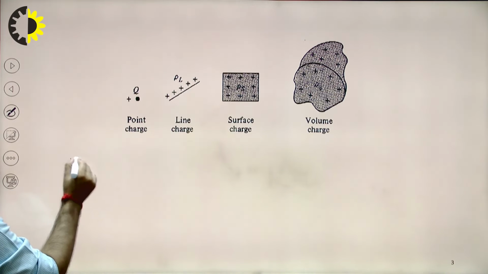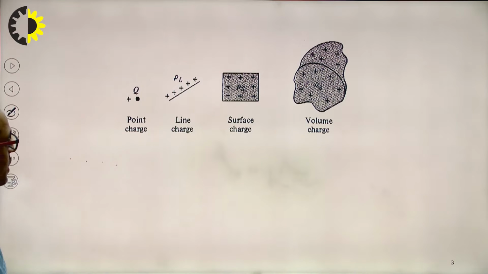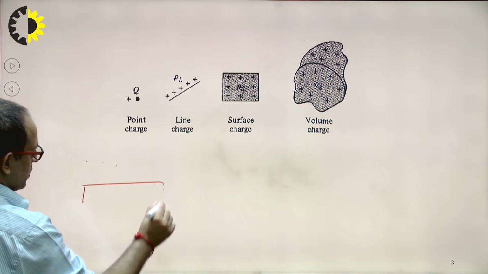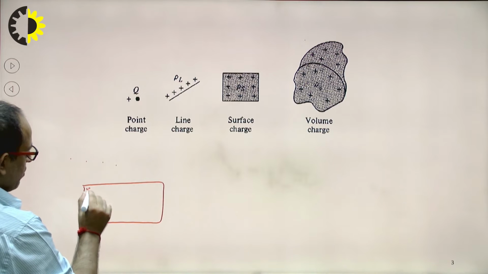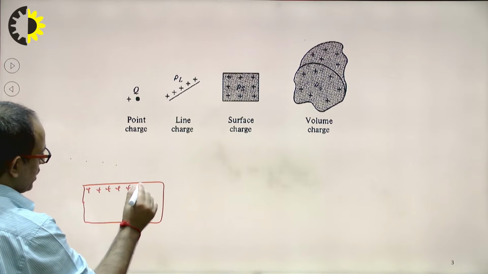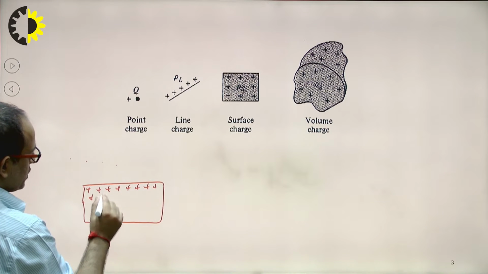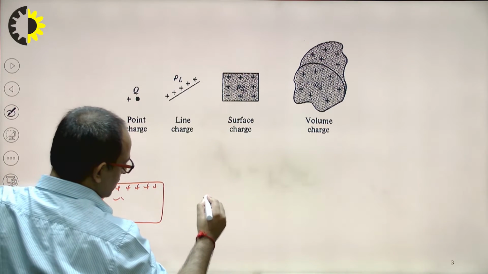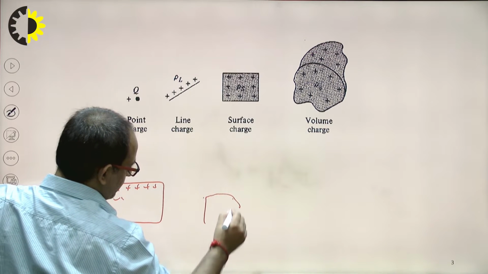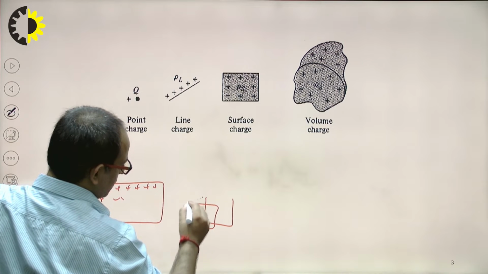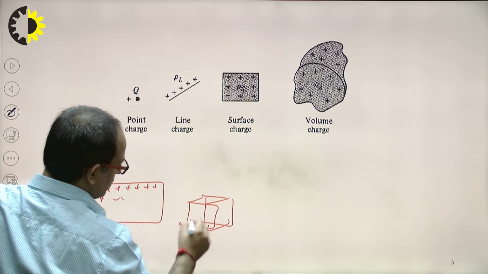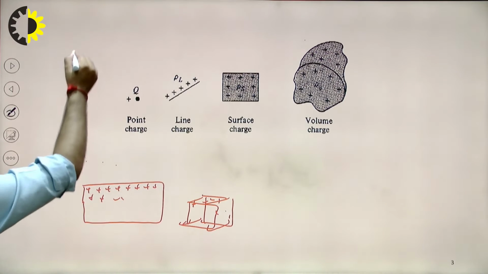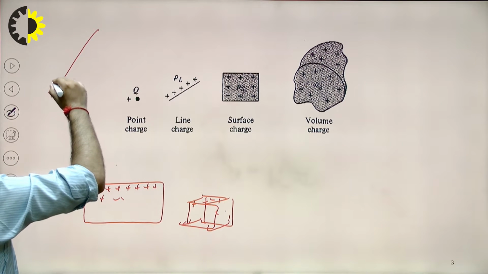Some point charges 1, 2, 3, 4, any. Now if I say this is a surface and this surface has a number of charges which may be infinite, or I say this is a volume and this volume has an infinite number of point charges, or I say this is a line and this line has a number of point charges.